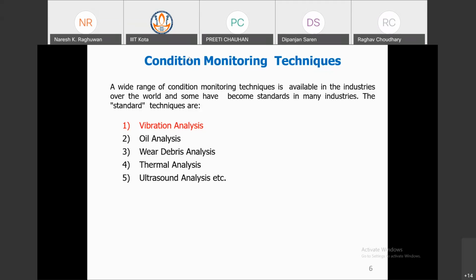Thermal analysis: I have mentioned thermography, and thermal cameras are also there. They detect how the temperature is rising in that machine. Ultrasound analysis also you can do. Ultrasound sound is coming from the machine, and you can analyze it. So these are some techniques, and many more. But I am focusing on vibration analysis.